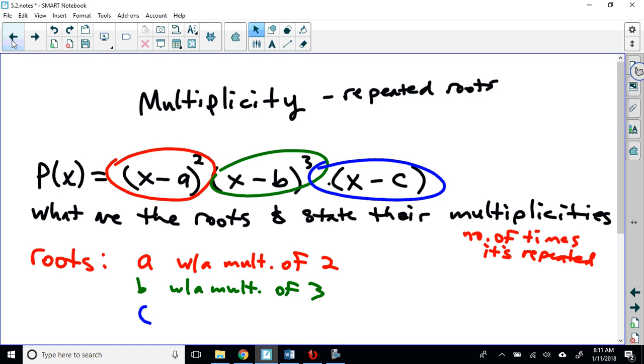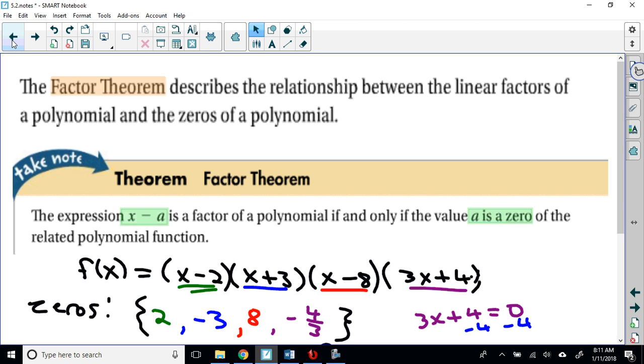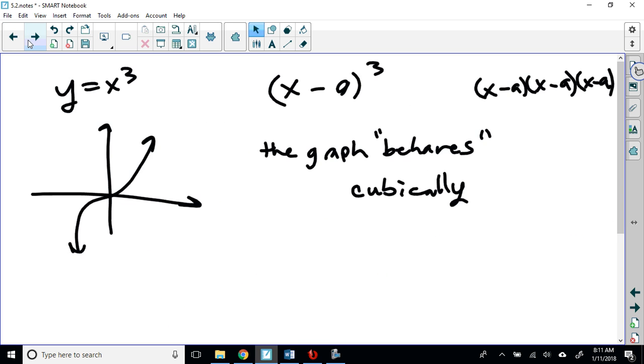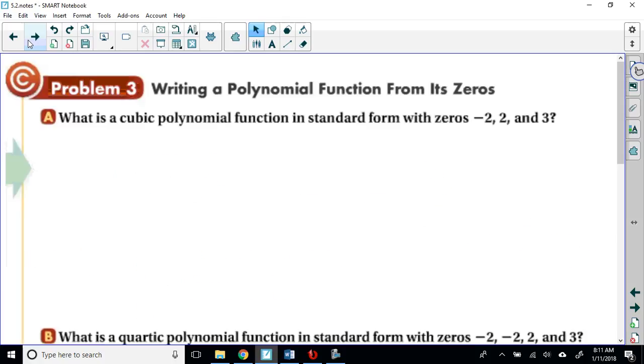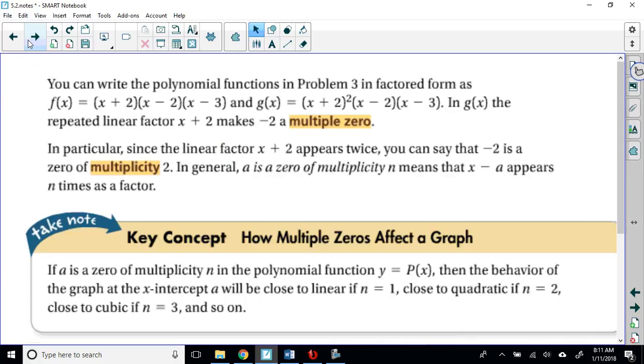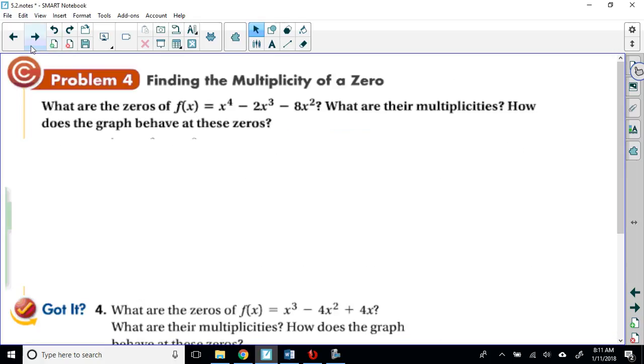So let me back this up and see if I missed anything that the book wanted you to get out of that. Okay, so here they're talking about these multiple zeros. Problem 4. I'm kind of going out of order a little bit, but that's okay.